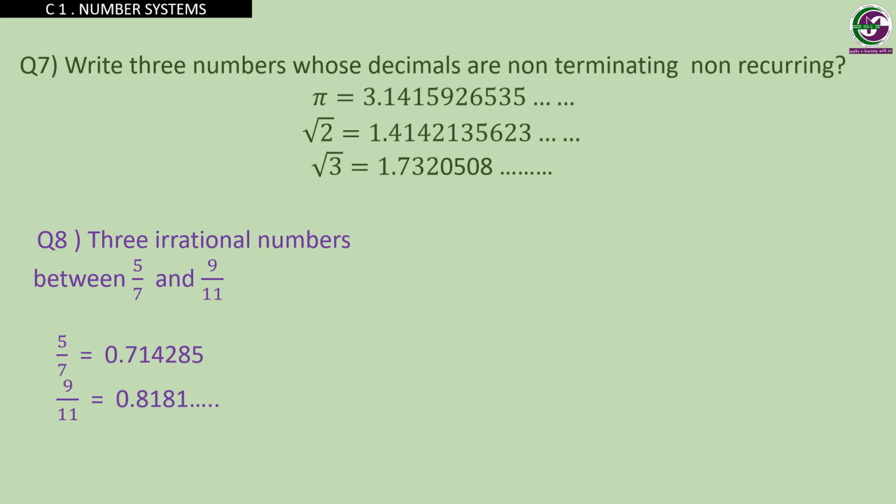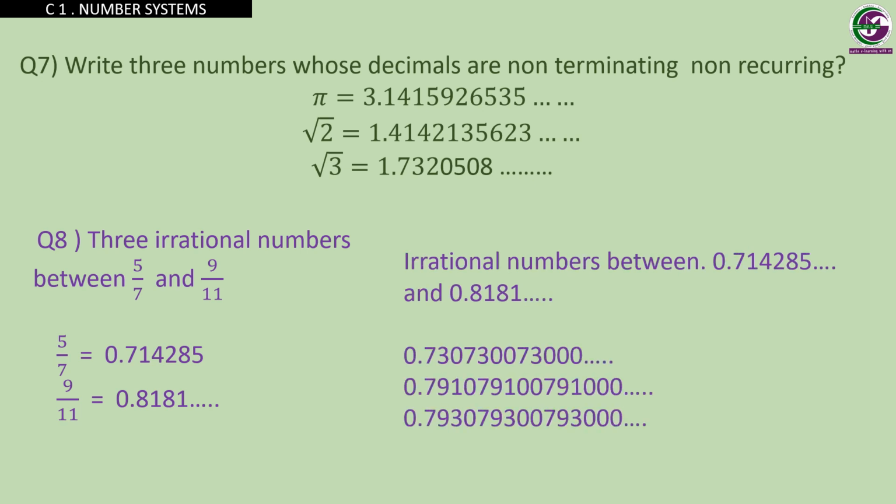So it's so easy now to find any three numbers or as many numbers you want in between 0.71 and 0.81. You can choose any number, for example 0.73, but remember it should not stop and it should not repeat. Look at this one. None of them are repeating, none of them are ending. Always remember to put dots at the end.